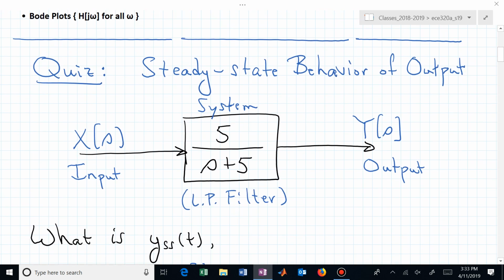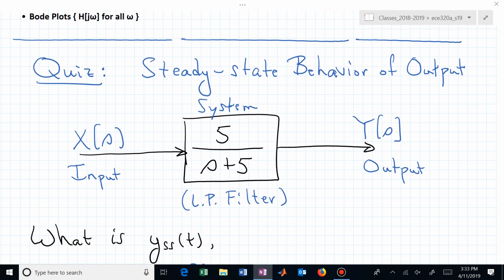Here's our quiz. I'm going to give you an input, X. It's going to be injected into a system, and I hope that you can see by inspection of that transfer function what that system can be thought of as.